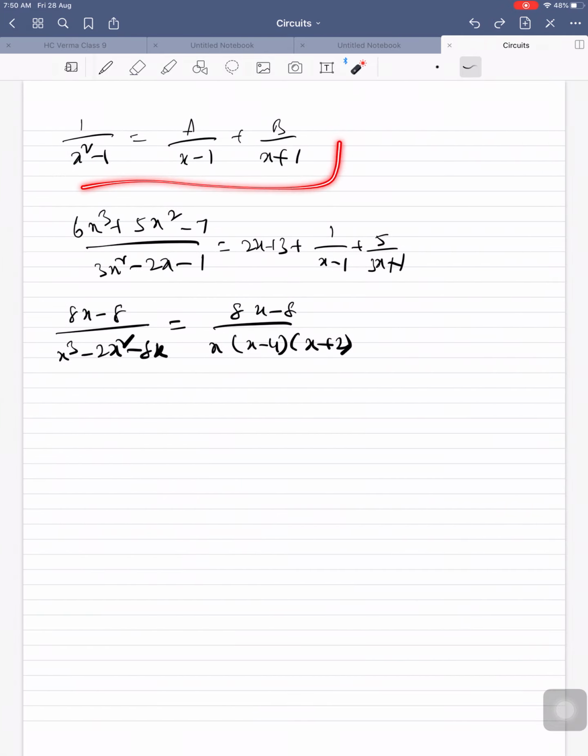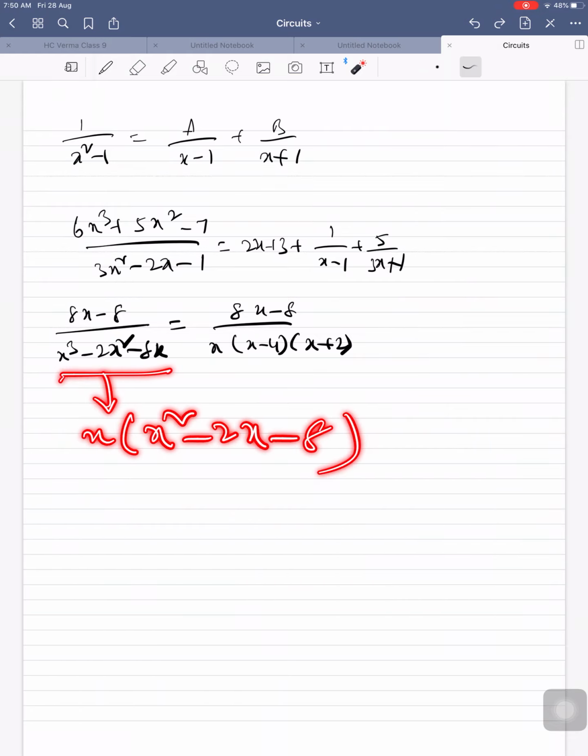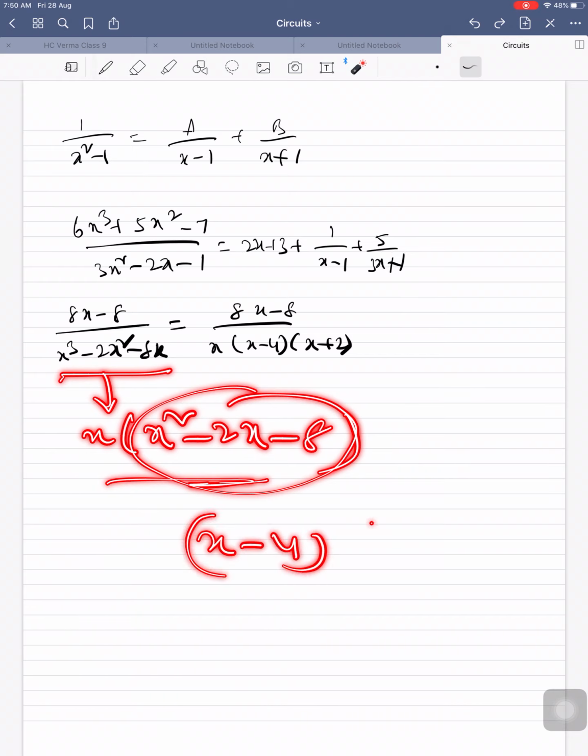Okay, like that, try this. Because x square minus 1, you can write it as x plus 1 into x minus 1. Like that, try this. From this, common out x square minus 2x minus 8. This can be written as x minus 4 into x minus 2 plus 2.